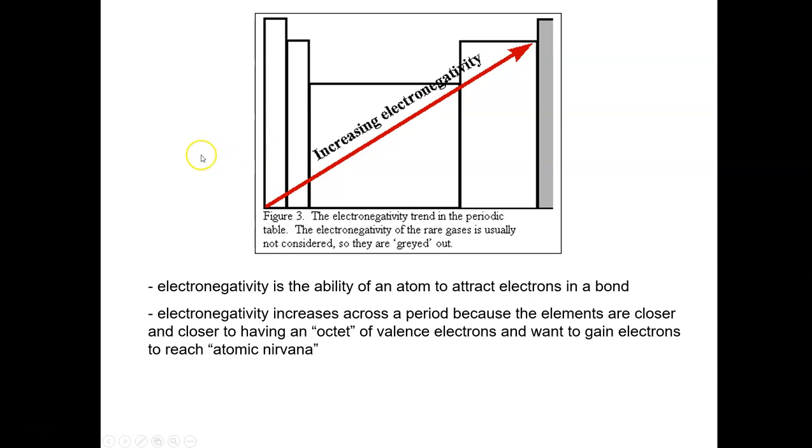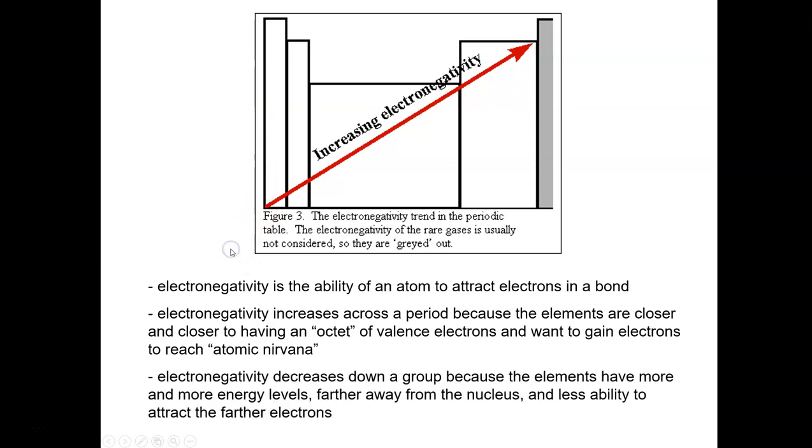And then the other part of this is going down. Why does the electronegativity of an atom decrease as you go down? Well, it's simply because you're further and further away from the nucleus at this point. If you're hydrogen up here at the top, you're trying to attract an electron into the first energy level, which is right next to the nucleus.